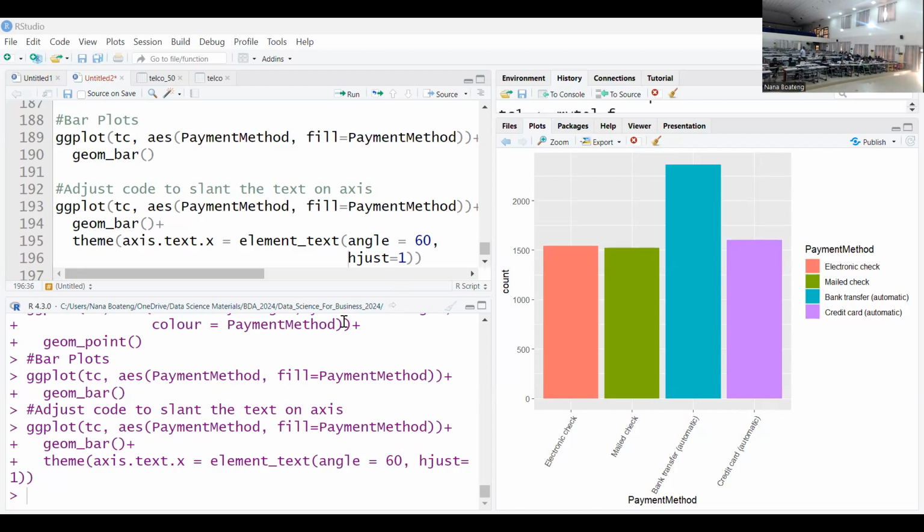The X axis names are slanted because you use 50 degrees to do it. Yes, when I do it, it's either the count and then the payment method, the chart. I don't understand what you're saying, the whole chart. You see, it is count against payment method.